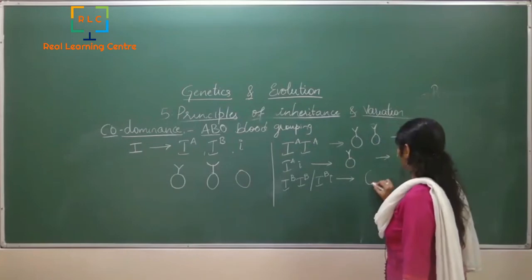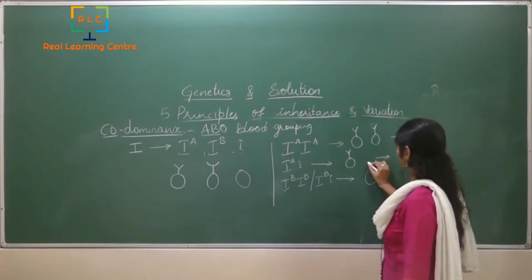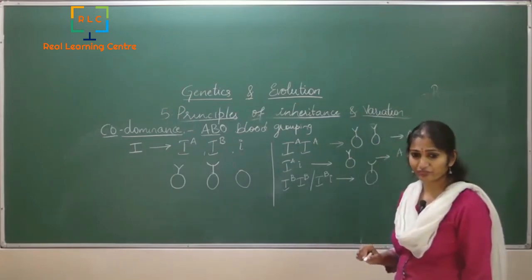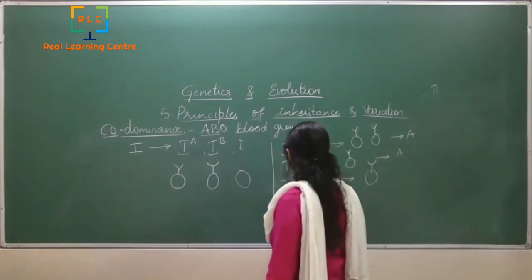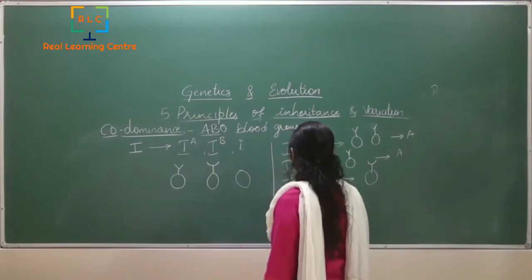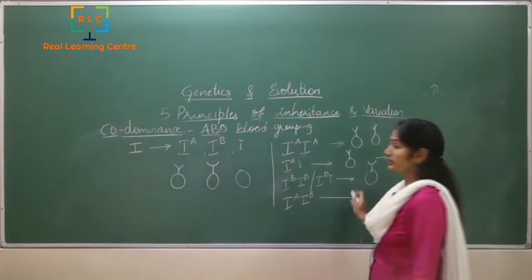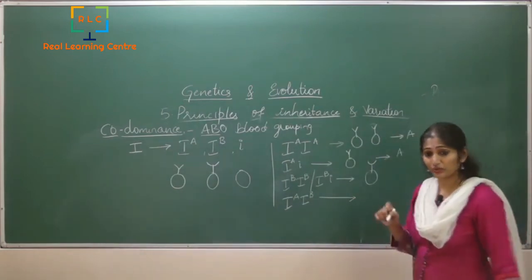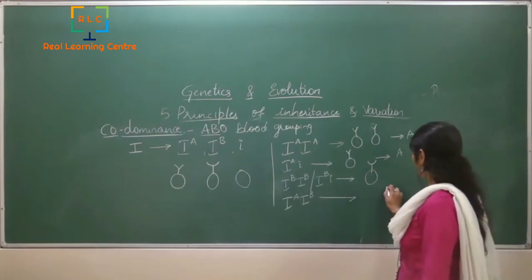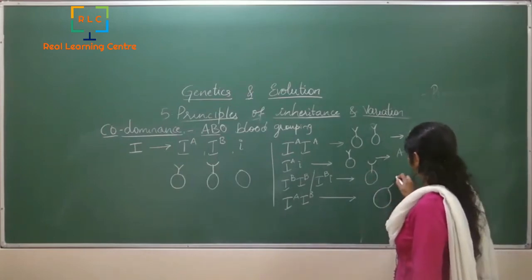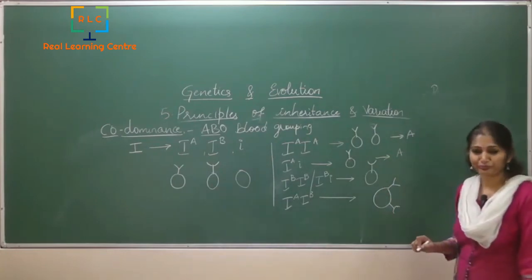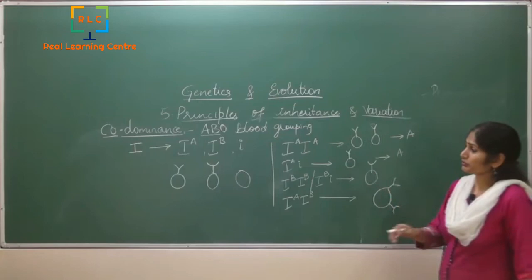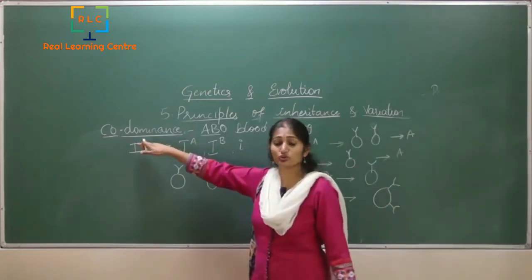Now in such a condition, the blood cell would have an antigen like this, right? But suppose there is one IA and one IB, what do you think would be the structure? In this case, it has a cell structure like this with A and B together, because we are talking about one phenomenon which is called codominance.